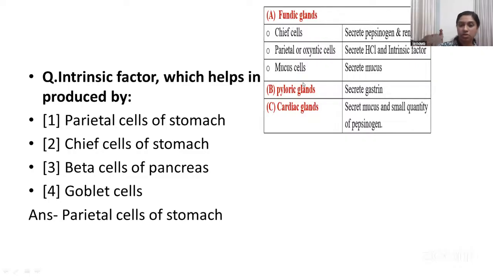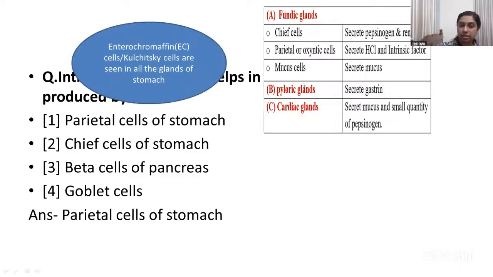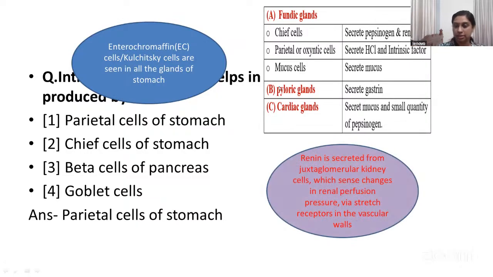Another type of cells seen in the stomach are the enterochromaffin cells or Kulchitsky cells, which produce serotonin. Enterochromaffin-like cells are also present, and they produce histamine. And renin here is rennin. Renin, with a single n, is secreted from juxtaglomerular kidney cells, which sense the changes in renal perfusion pressure via the stretch receptors in the vascular walls.